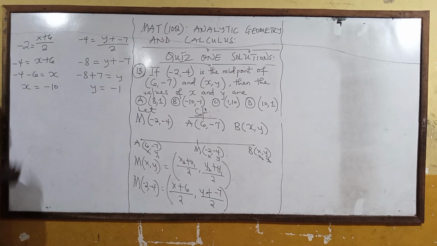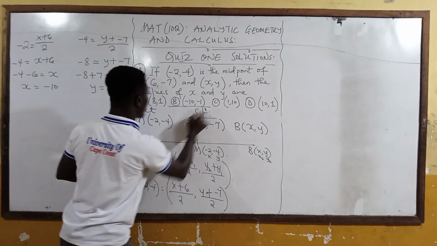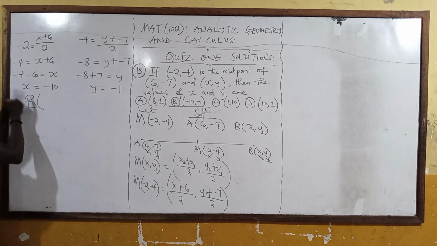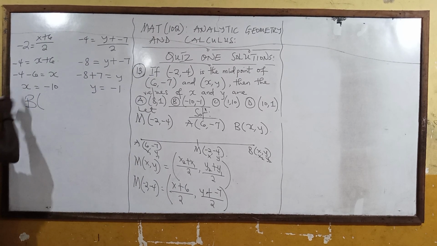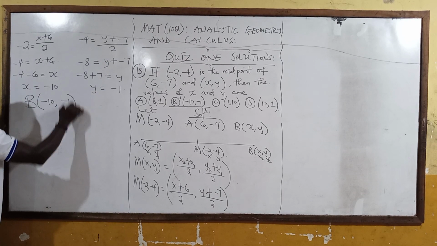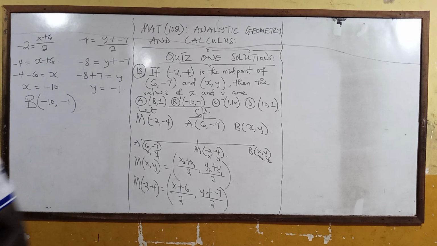So the values of x and y are -10, -1, which is option B. That's my point B, with x equal to -10 and y equal to -1.